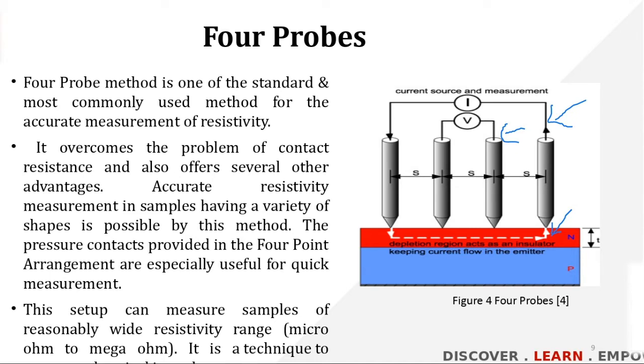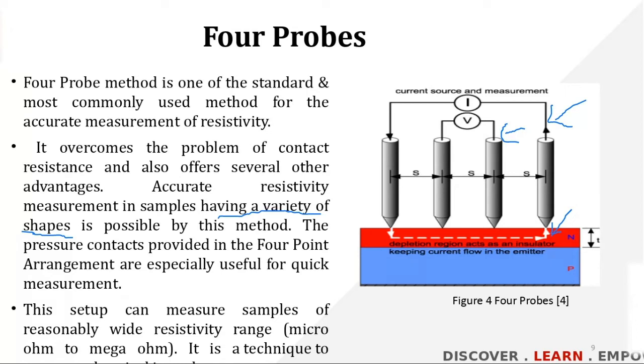It also overcomes the problem of contact resistance and offers several other advantages. We can use a variety of shapes; whatever shape the material has, you can use this method to find out the resistivity.